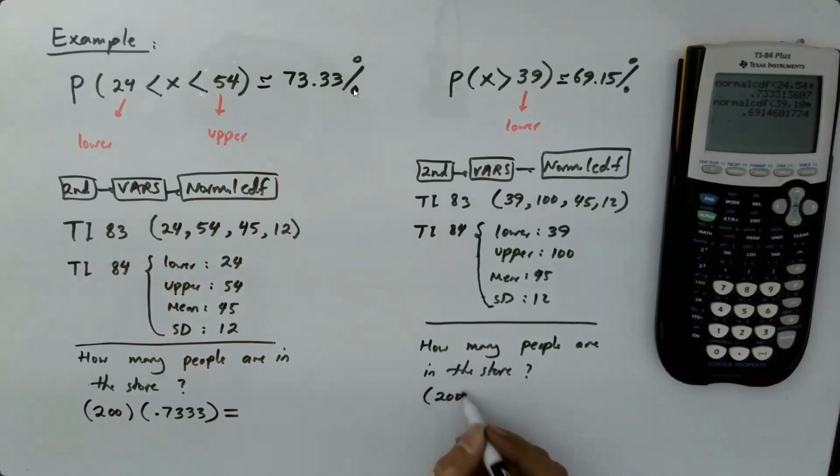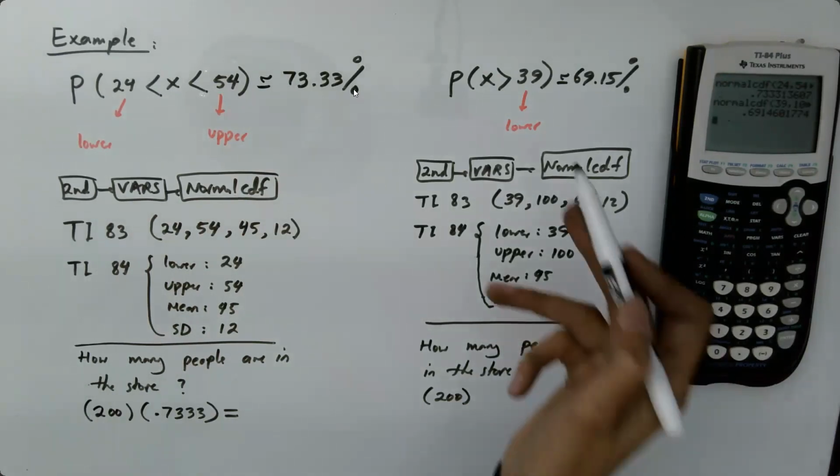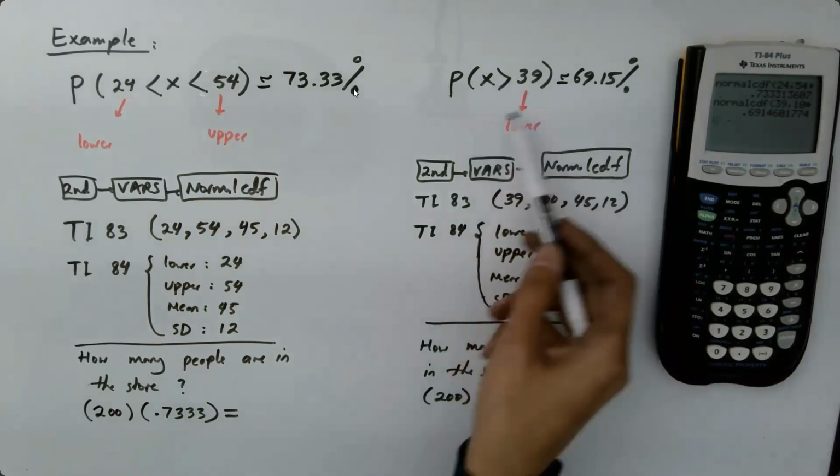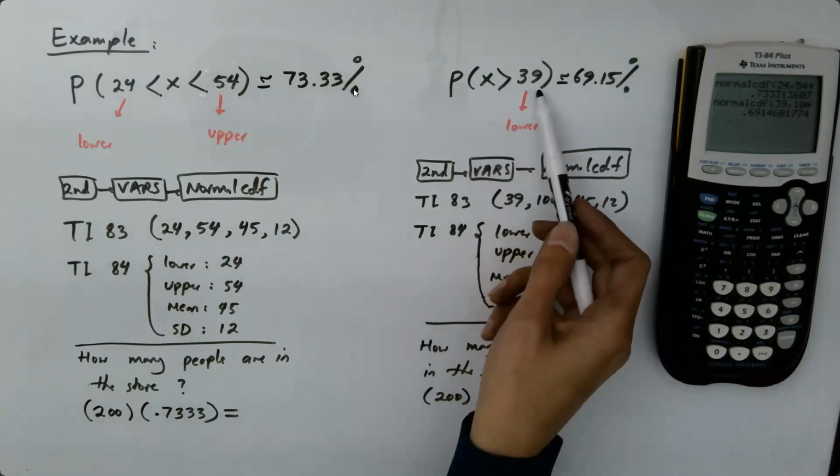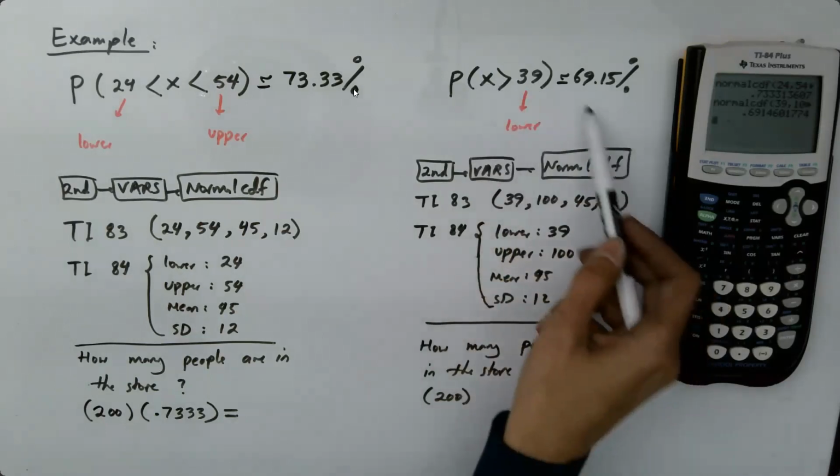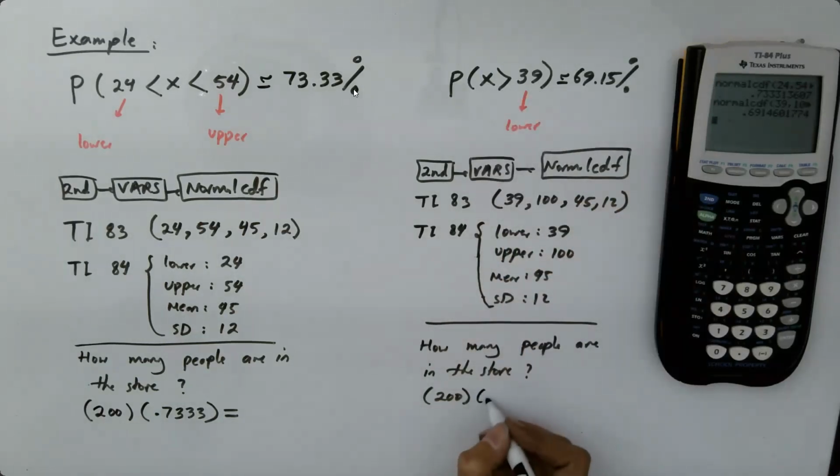The same as here. If you assume 200 people entered the store, how many people spend more than 39 minutes? We have the probability. It is 0.6915. Very good.